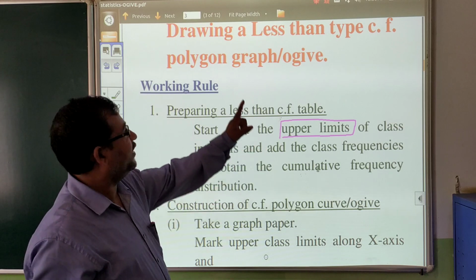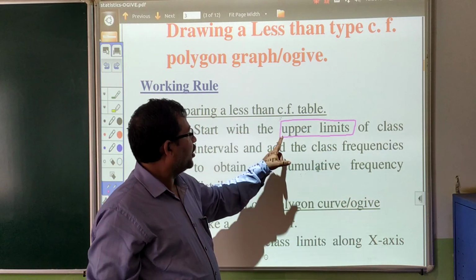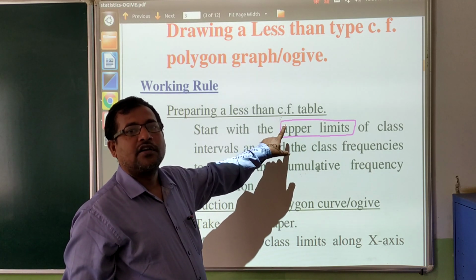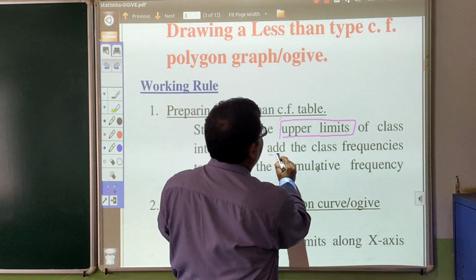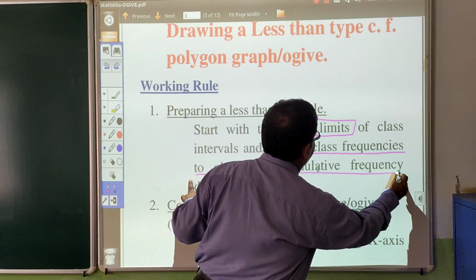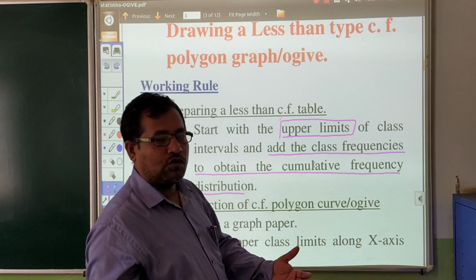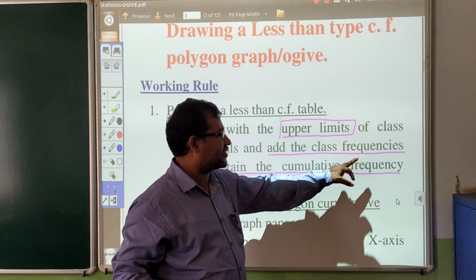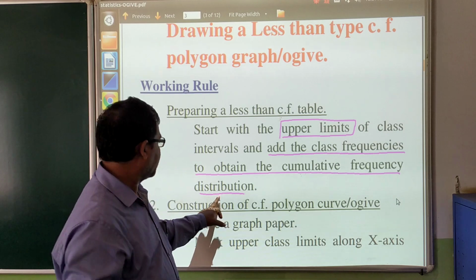While preparing a less than cumulative table, you will start from the upper limit of each class interval and add the class frequencies to obtain the cumulative frequency distribution.